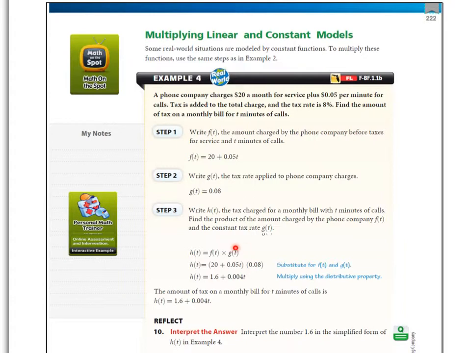So if we distribute 0.08 to the 20, which is your flat fee, that means you're paying 1.6, and then 0.08 to the 0.05T means you're now paying 0.004 for every minute for tax.